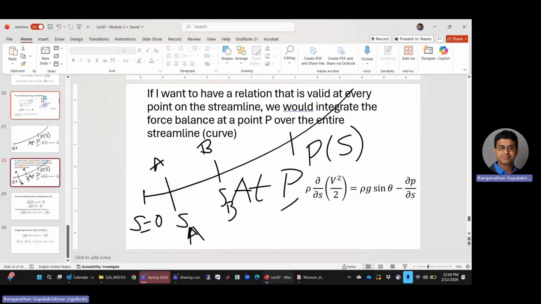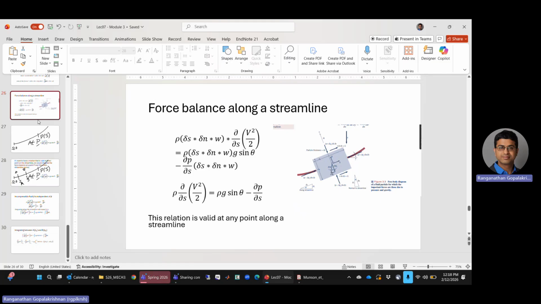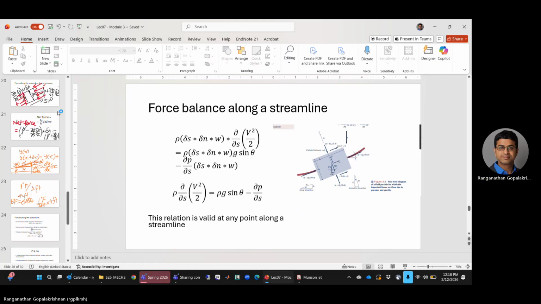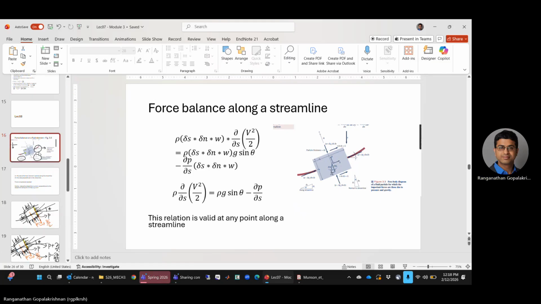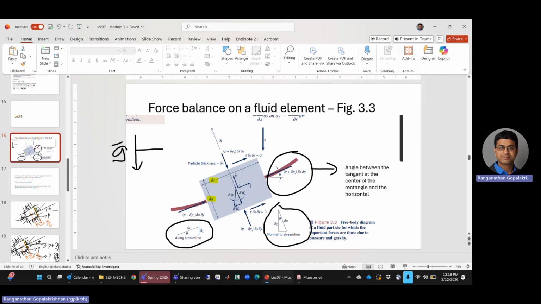Okay. If you go back to one important picture here, I don't know how much this is visible. Look at this bottom figure.